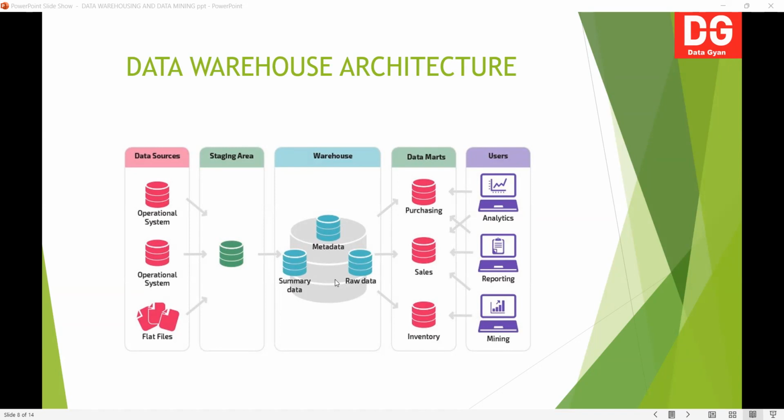Then in the warehouse, there are three types of data, like metadata, summary data, and so on, and we give it to the sales team or marketing team so that accordingly they can grow the business or take decisions.